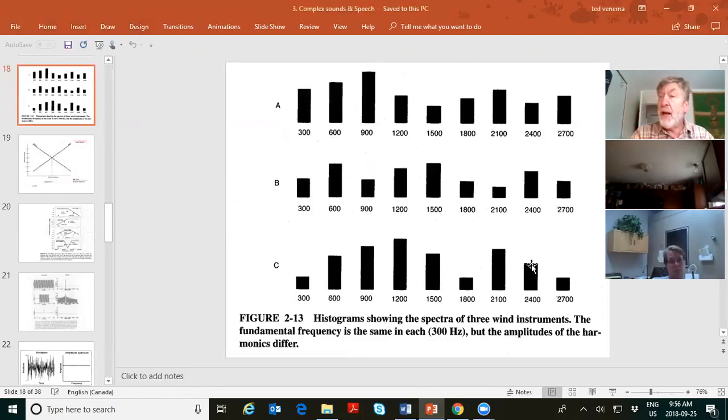Each instrument may have different mass and stiffness properties. And because of its different mass and stiffness properties, it's going to resonate at different frequencies. And you can see that in the spectral analysis. So we're broaching a topic that we covered a couple of weeks ago, only we're doing it again from the concept of complex sounds.